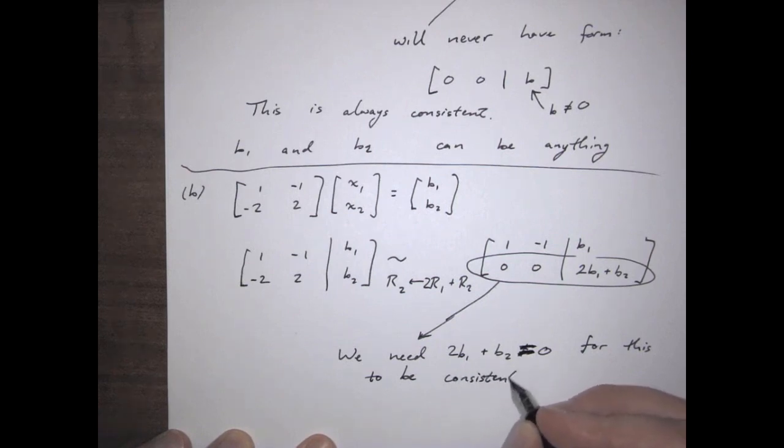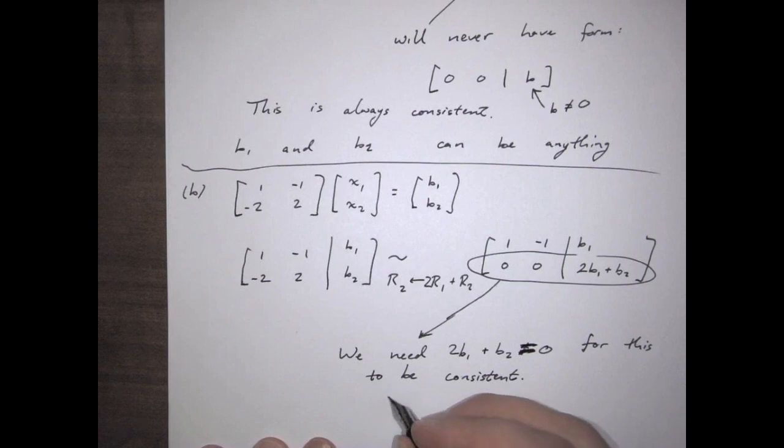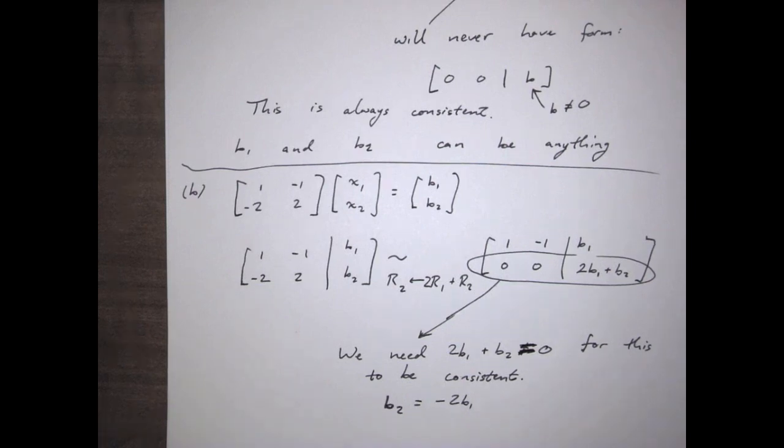If it's not equal to 0, then that's the telltale sign of an inconsistent system. So in other words, we need b2 to equal -2b1 for consistency.